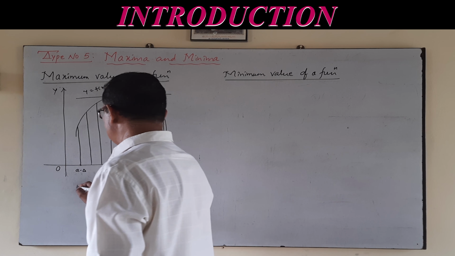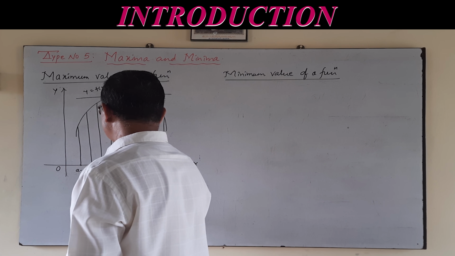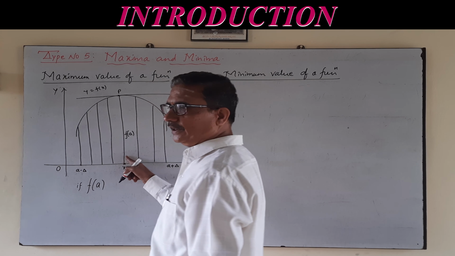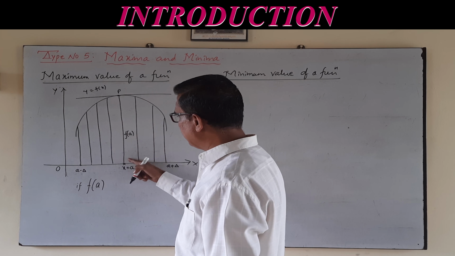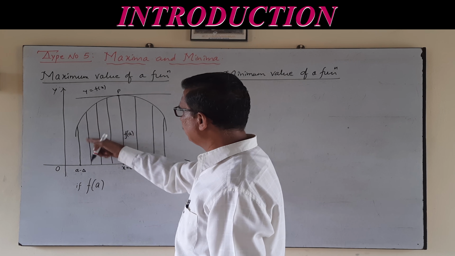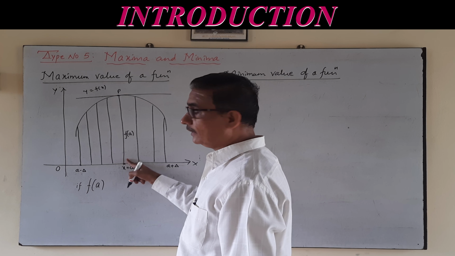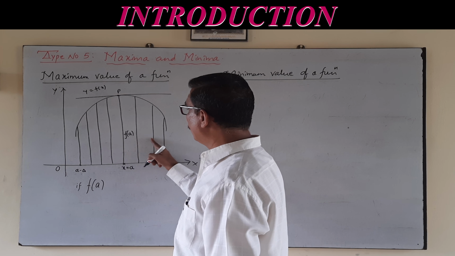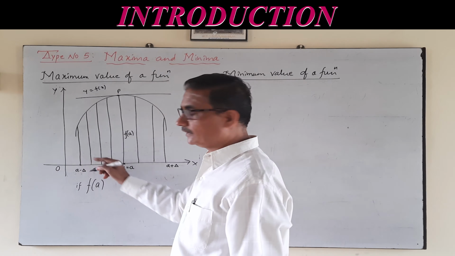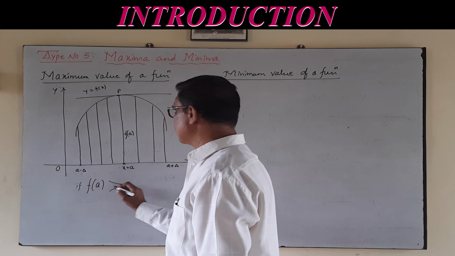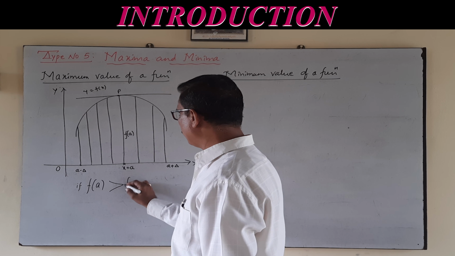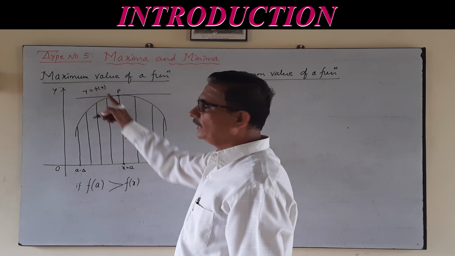If the condition, if f of a, that ordinate, observe these lines, this line is bigger. That line is more than the remaining lines, isn't it? So f of a is greater than the value of the function f of x.